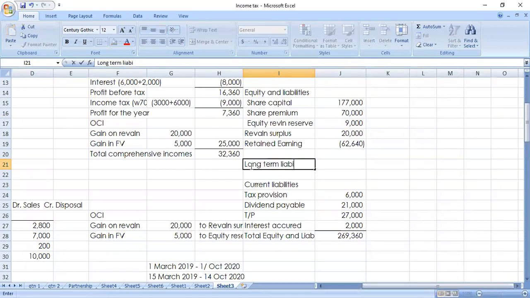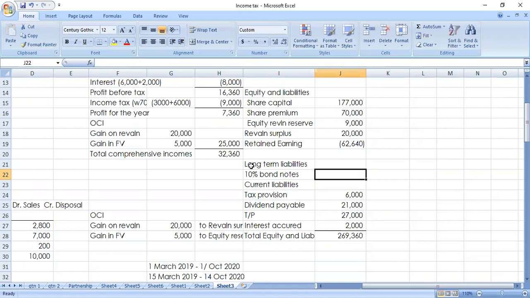So you say the 10% bond note. On the trial balance, I forgot to use it in the interest. I forgot to bring the 80. So the 80 is here, it's a liability. So when you add, automatically your total equity and liabilities must be equal to total assets.